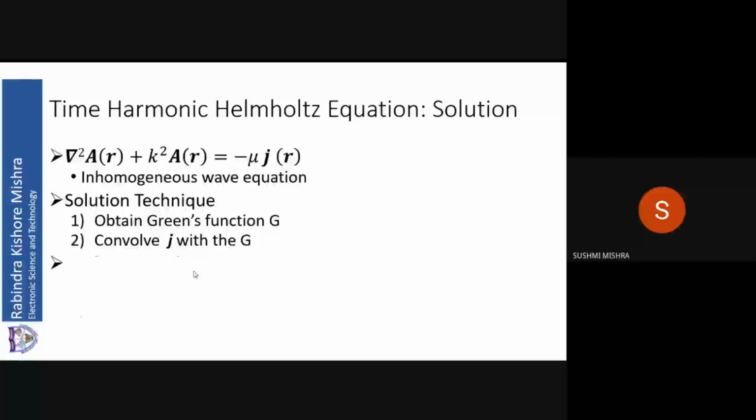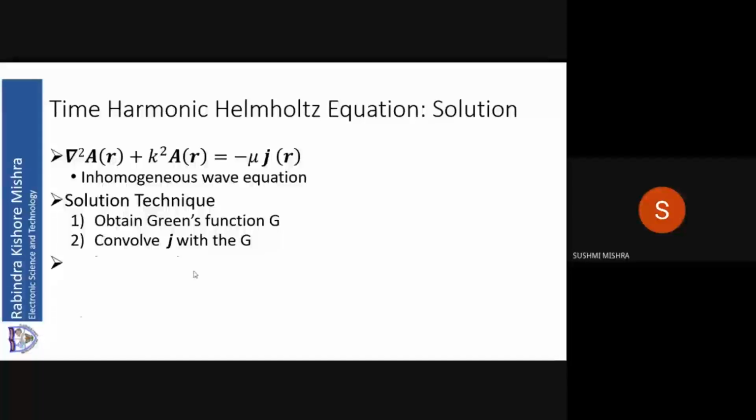How do you do that? At the source, assume that instead of J or minus mu J, I have got a delta function, and solve it for the source at the source location. If only there is a delta function, that is satisfied by some other function g.